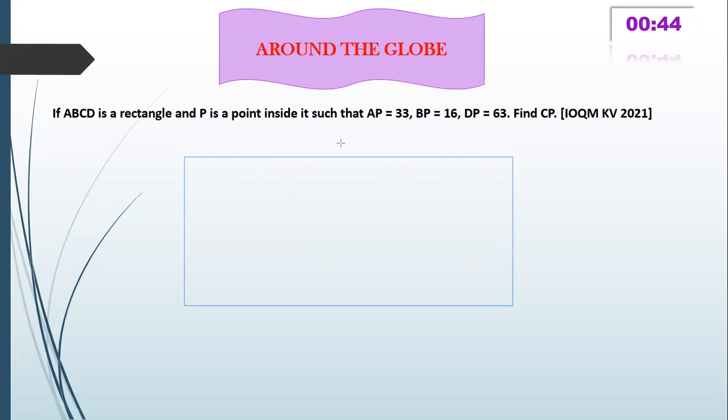It tells, if in a rectangle any arbitrary point P is given, and we join all the corners to this P, and let me also name it, A, this is B, this is C, and this is D.